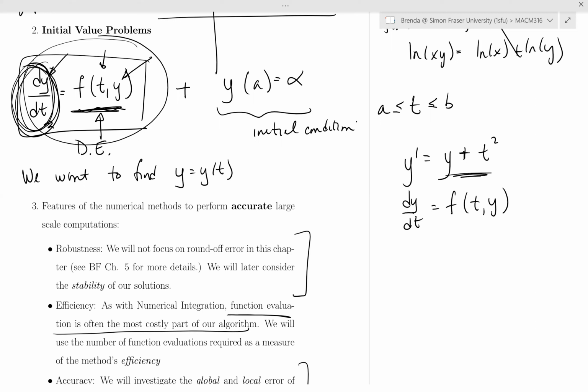This is a first order differential equation because we have the first derivative. Unsurprisingly, something that looks like that, for example, is a second order differential equation.